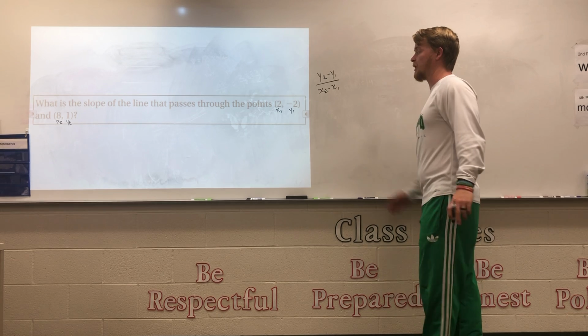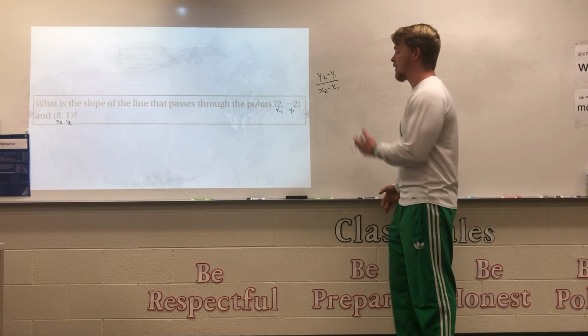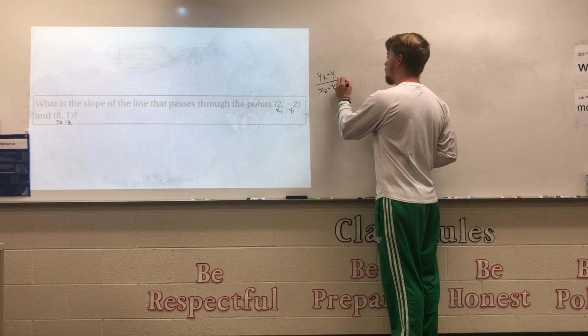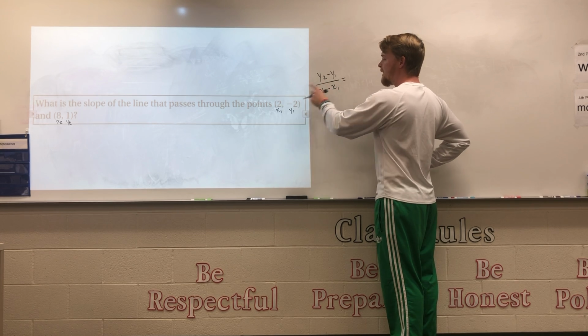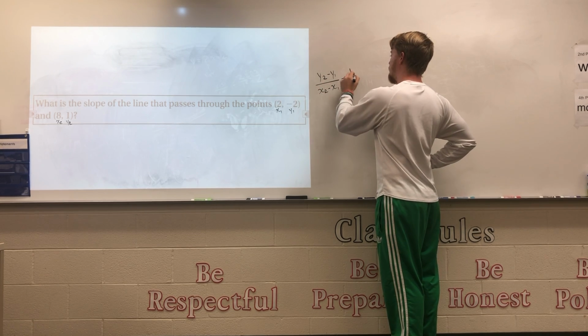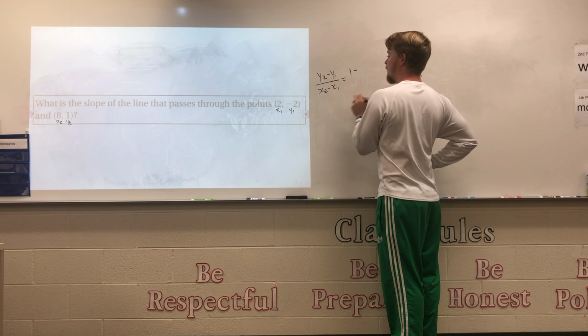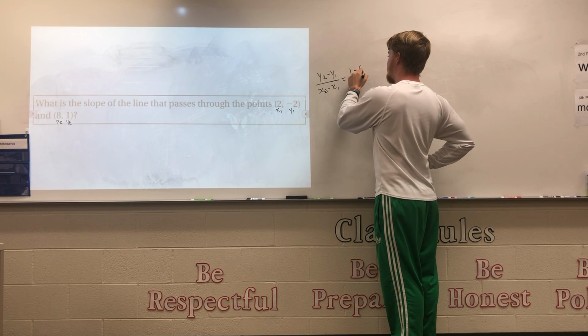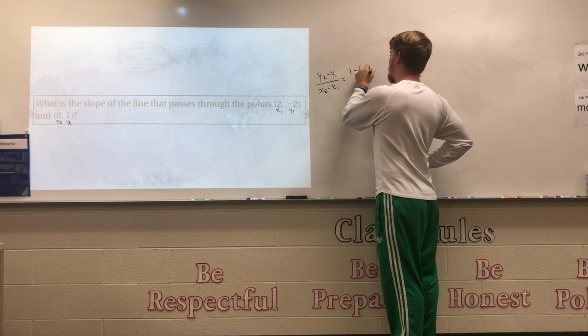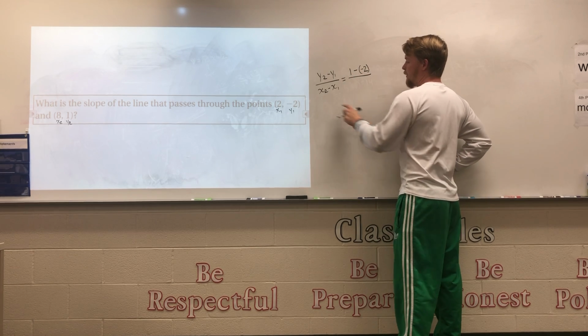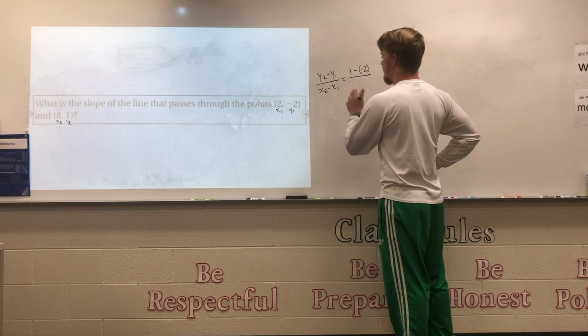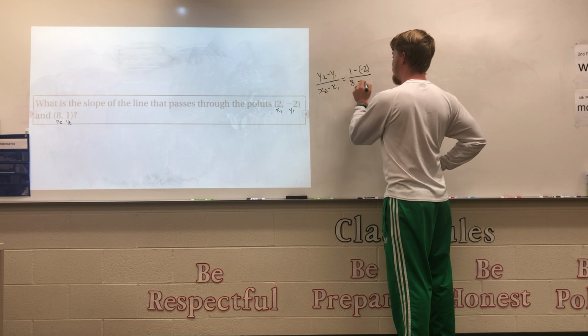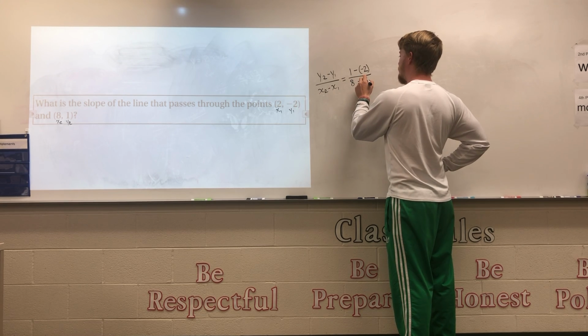So then from there, you're just going to plug in the proper numbers for the proper variables. So my y2 is 1 minus my y1 is -2 over my x2 is 8 minus my x1 is 2.